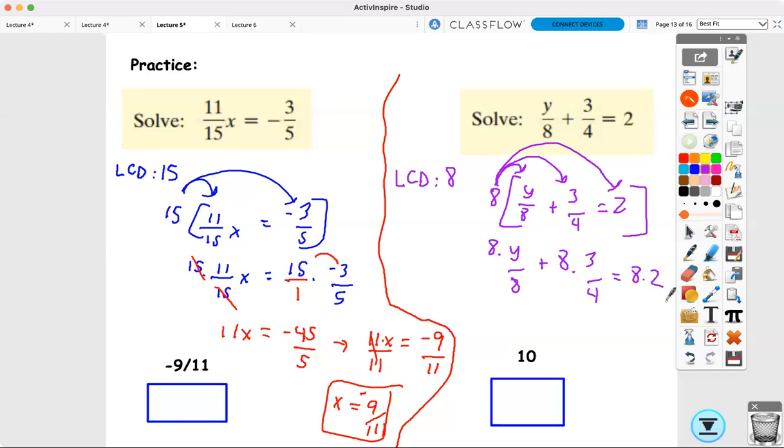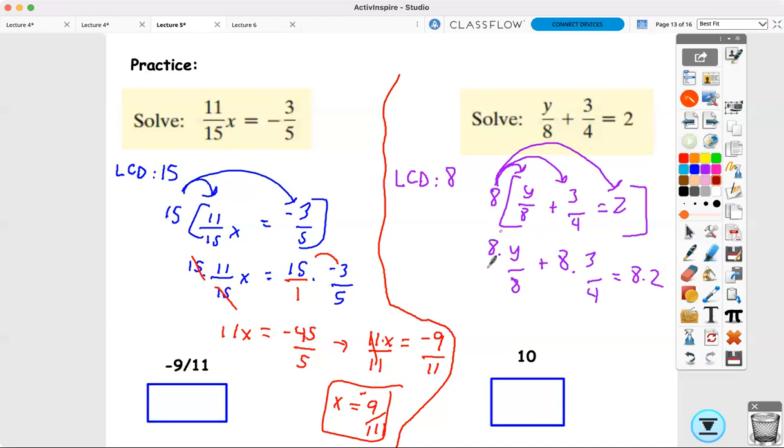And now let's simplify this out. Let's see how it works out. What happens to the first fraction? 8 times y over 8. What happens to my 8s? We're just multiplying it out now, so I'm gonna need y'all to help me simplify.